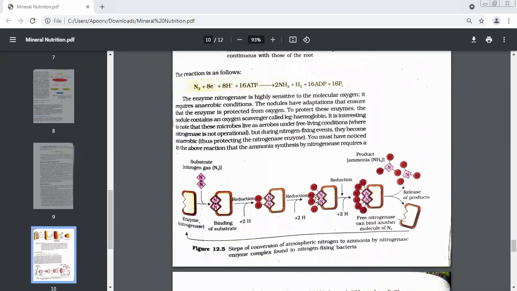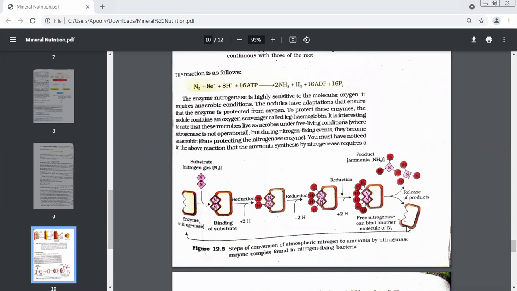And then another step of reduction, how many hydrogens? 6 hydrogen. Good. And then finally, this complex will break. How many molecules of ammonia? 2 molecules of ammonia.